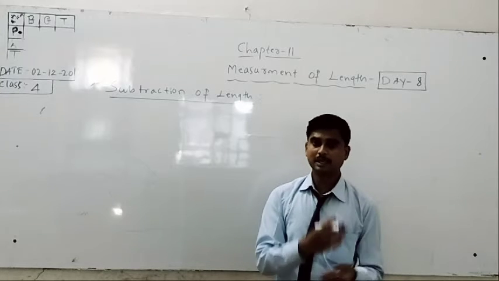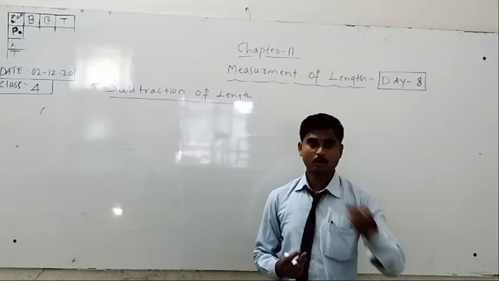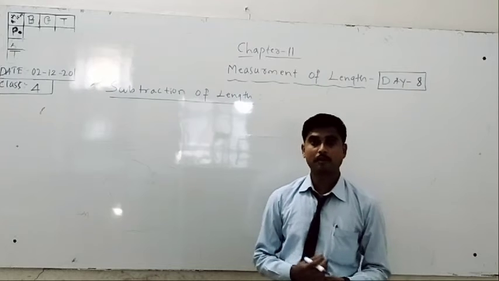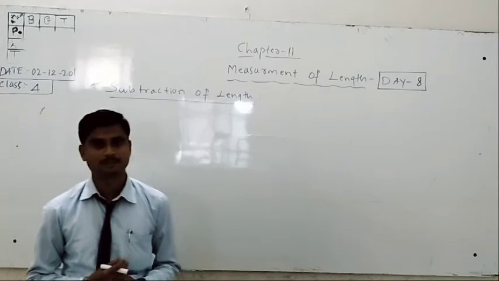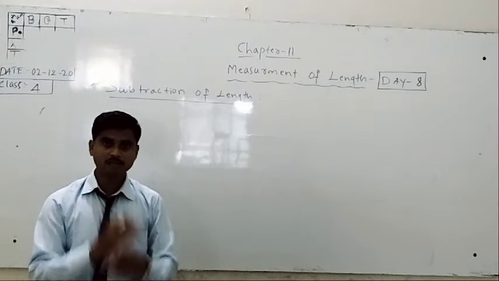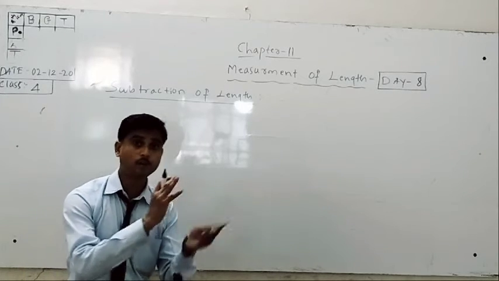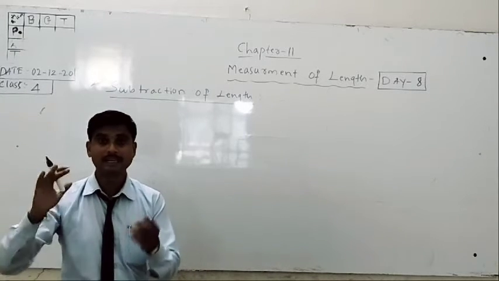Then how much is remaining? Sir, total cloth is 20 meters but I want only 8 meters, so 20 minus 8 meters is remaining, because subtraction means reducing, not increasing.